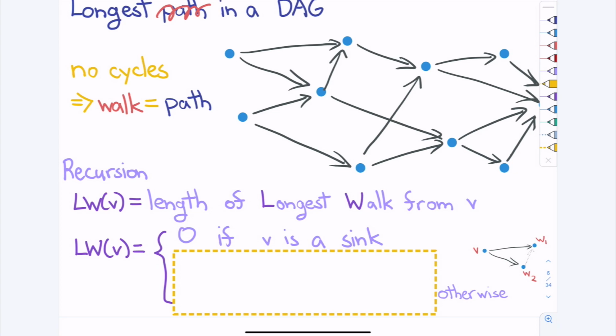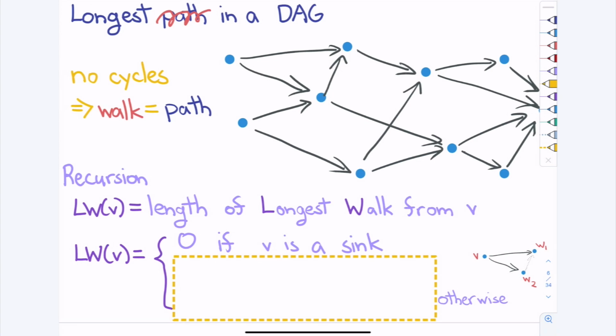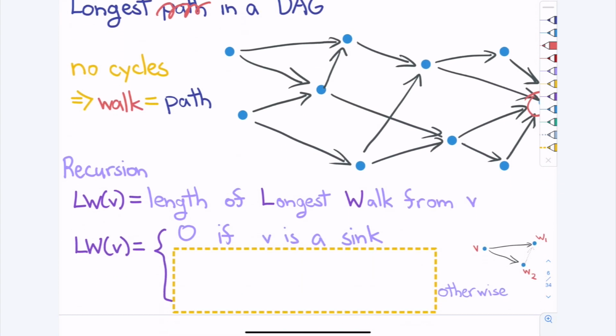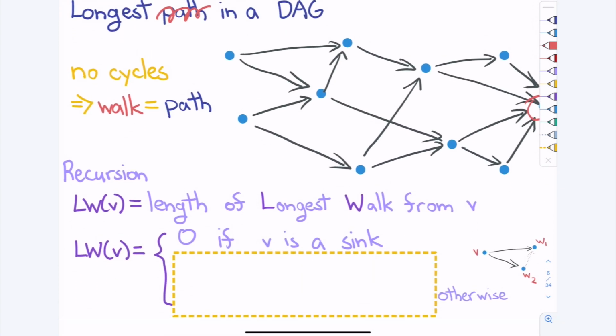And if V is a sink, if there are no outgoing edges, then the answer is just 0, right? The walk cannot continue. If I'm at that vertex, there's nothing to do. So that's my base case, which I've also filled in.